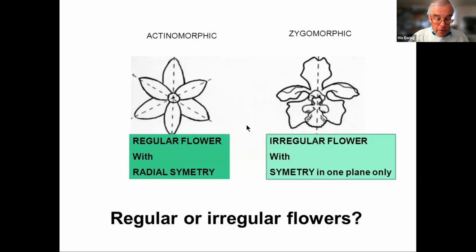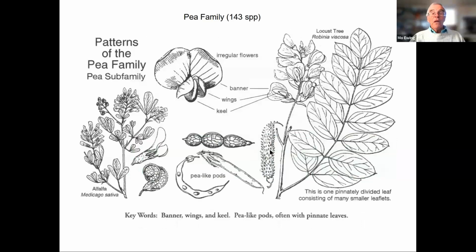So when we get into the pea family, the key words are banner, wings, and keel, pea-like pods, often with pinnate leaves. So this is an irregular flower because you can only cut it in one direction. If you cut it in another direction, then you don't get a mirror image.